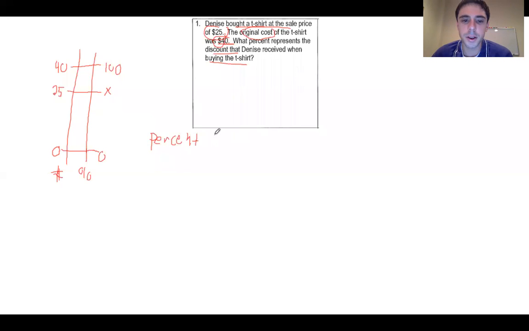Who remembers what the percent equation is? I see someone remembering it.